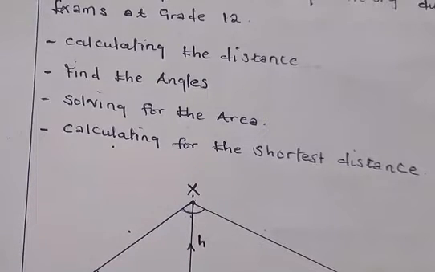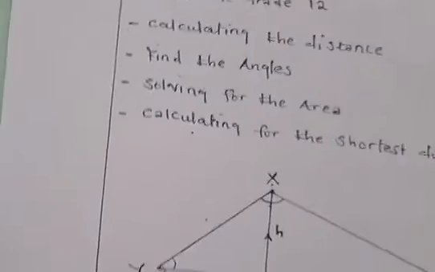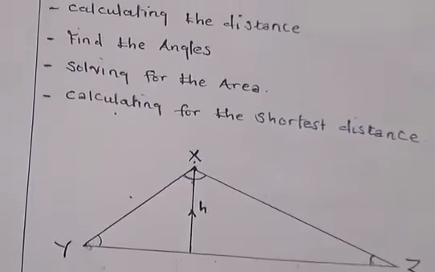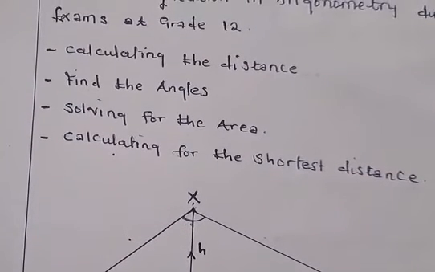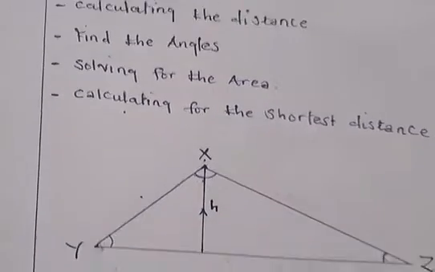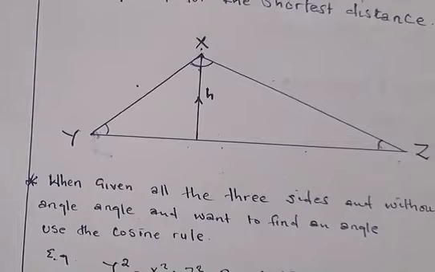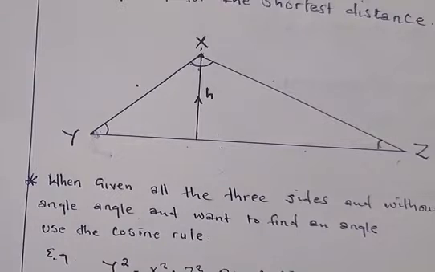But in an event where you are given a non-right angle triangle, and you are told to calculate any of the four that we've discussed: the distance, the angles, the area, and also the shortest distance, what should you do? Well, we don't have a direct formula for calculating all of that. Maybe just for the shortest distance, but even for the shortest distance, we don't have a standard formula.